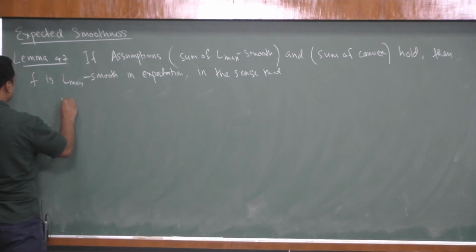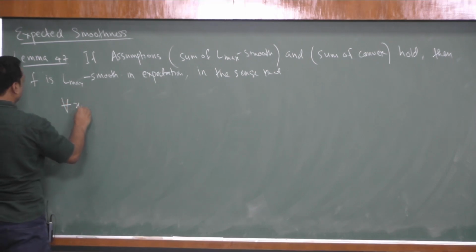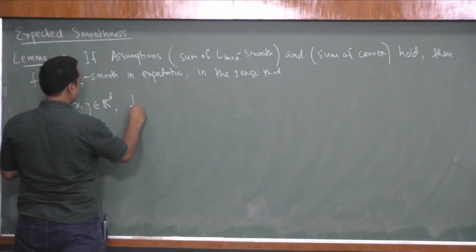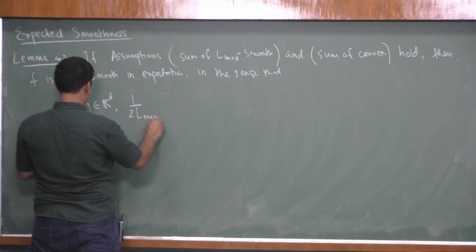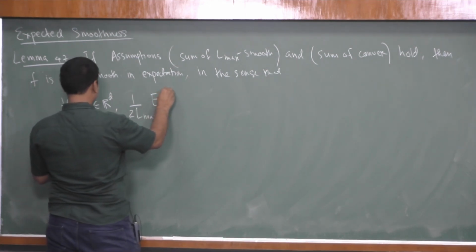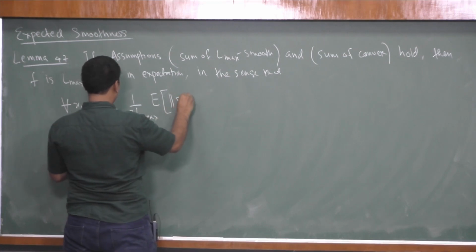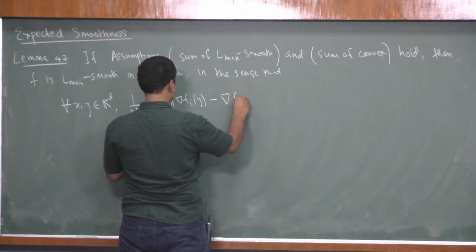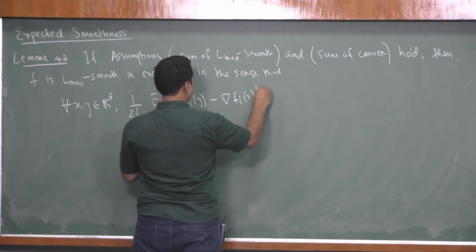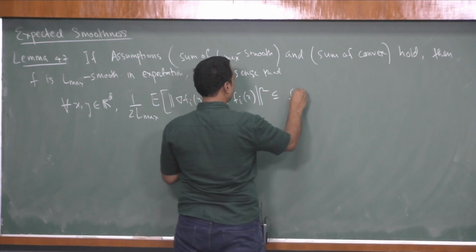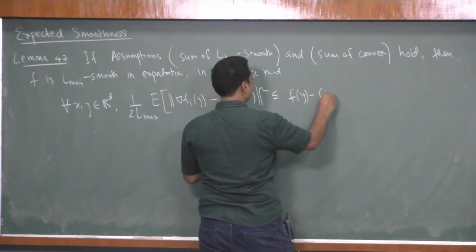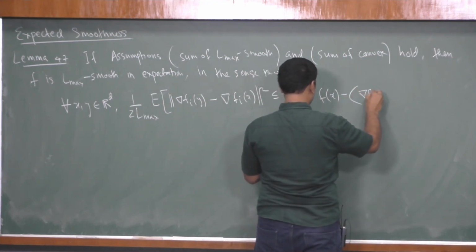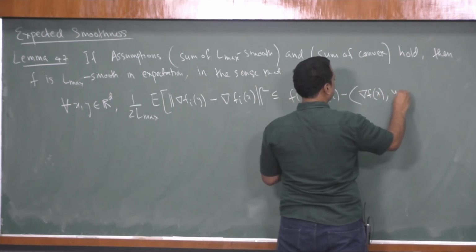What exactly it means: for all x, y in R^d, 1 by 2 L max times expectation of norm grad f_i(y) minus grad f_i(x) squared is less than or equal to f(y) minus f(x) minus grad f(x) inner product y minus x.